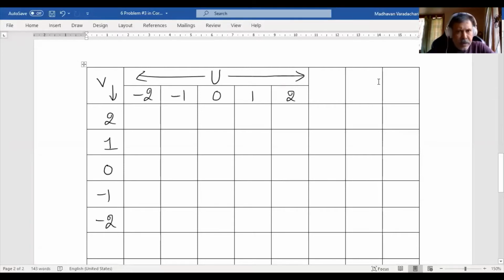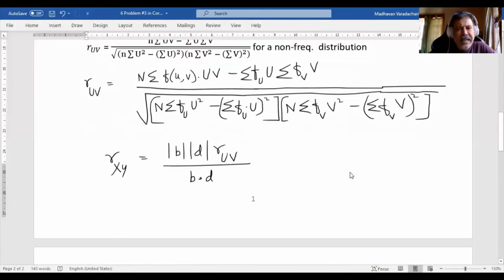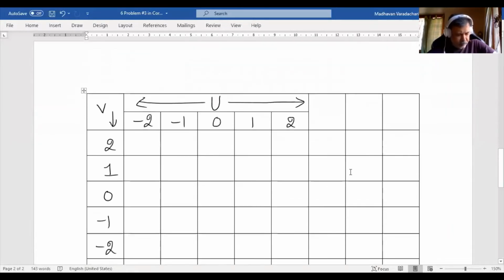Right. So let me write those frequencies, whatever is there. All these frequencies I will write in the cells like this. 3, here it is 0, 0, 0. The same frequencies, whatever was there in the original question. I am writing that only. Here it is 2, 5, and then 0, 0, 0.